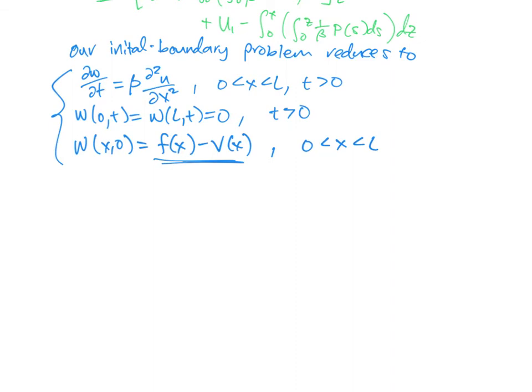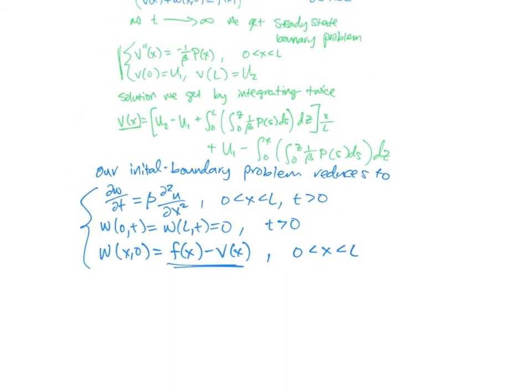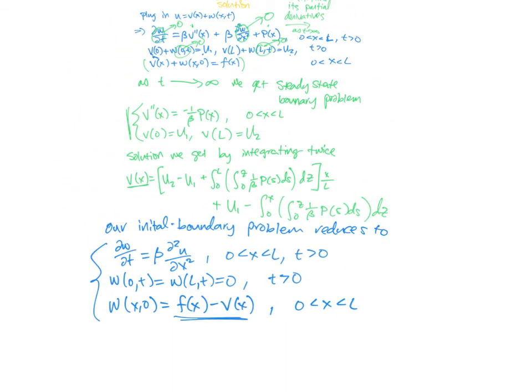So how did this work? Let's think about what we did again. We assumed that there are basically two phases in this problem. One where the heat is changing a lot, and then that dies off and we're left with a steady state. So what we did in green was think about what that steady state solution will have to look like.